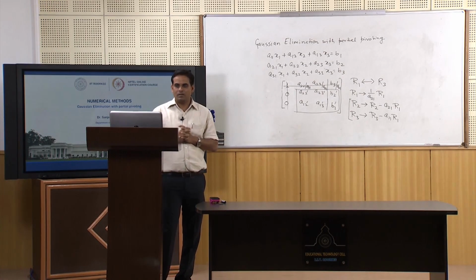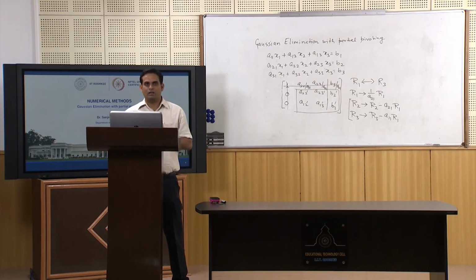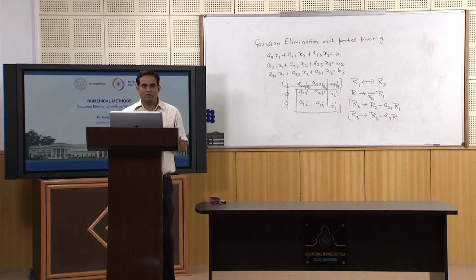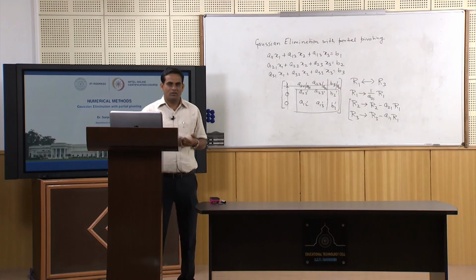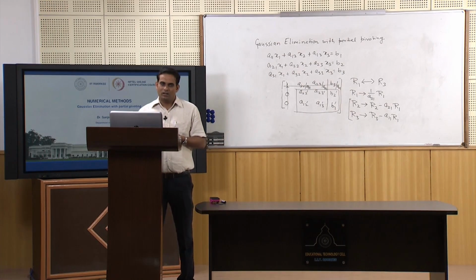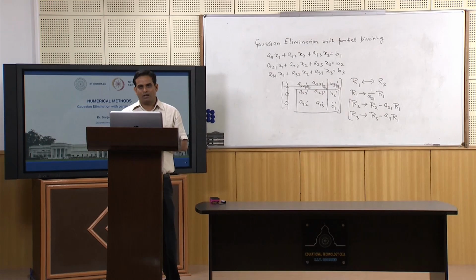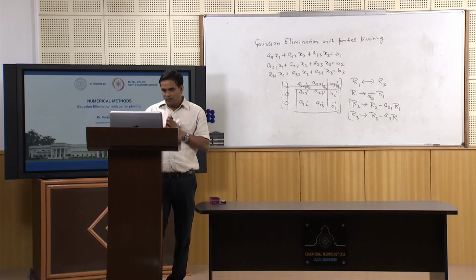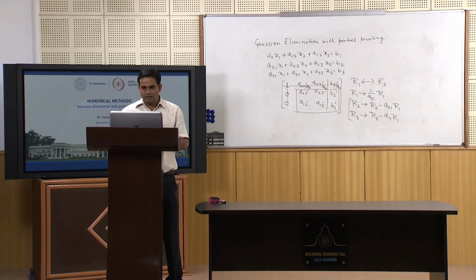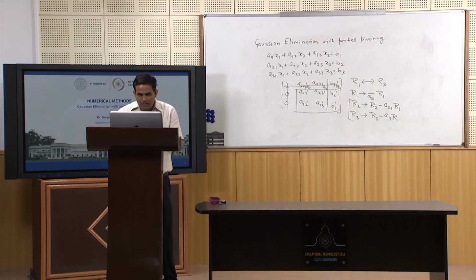For such systems, pivoting does not help much. Even though you use partial pivoting or full pivoting, we can have an incorrect solution using the numerical scheme. So I will explain such an ill conditioned system with the help of an example.